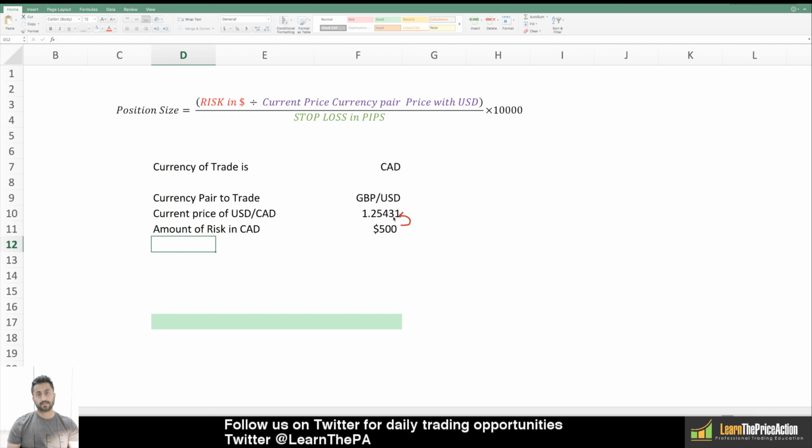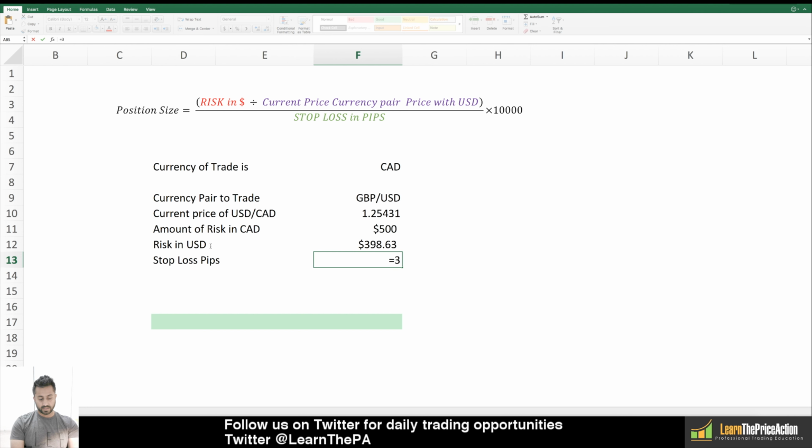That's your risk in US dollars: 398.63 US dollars, which is equivalent to 500 Canadian dollars.